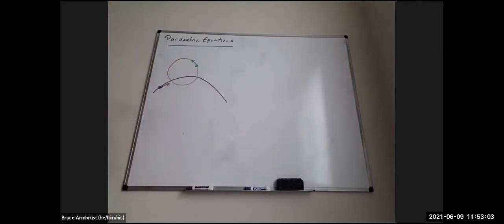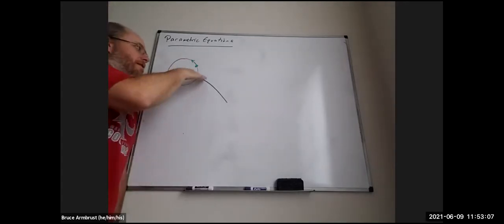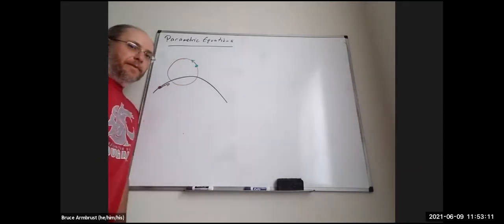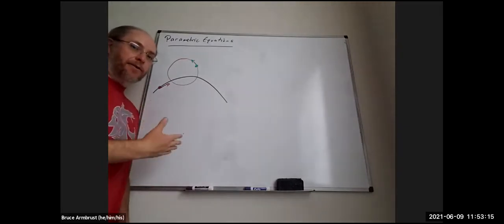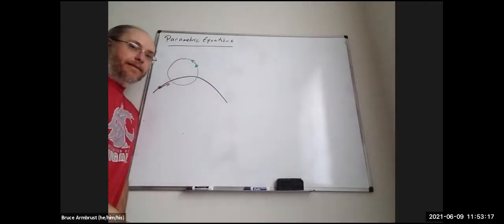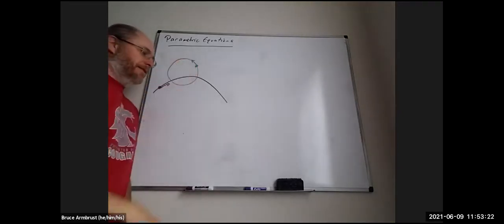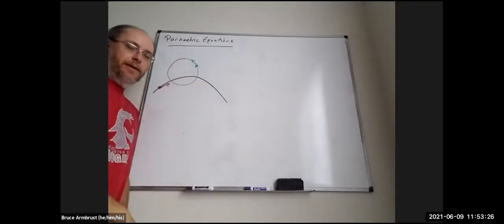So for something like this, it's not just enough to know that their paths intersect. We also need to know when they're at those points on their path. Right? Think of this as the Earth going around in orbit around the sun, and this pink thing is a comet or an asteroid.